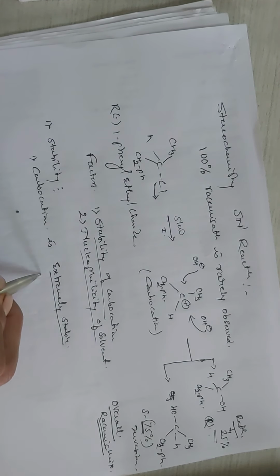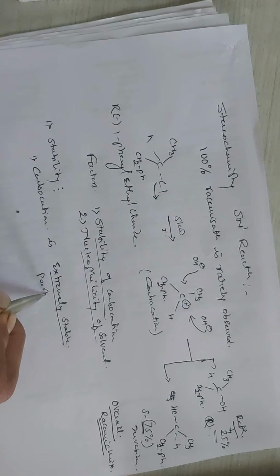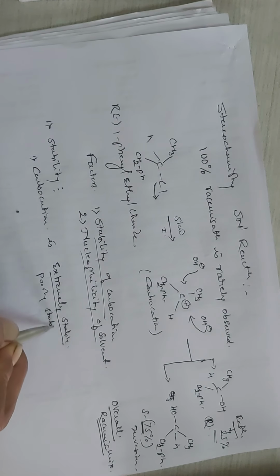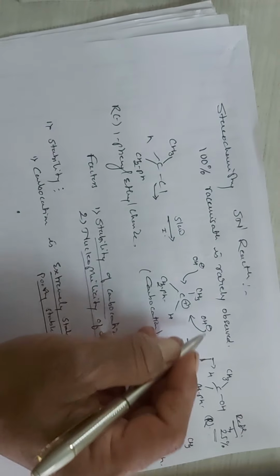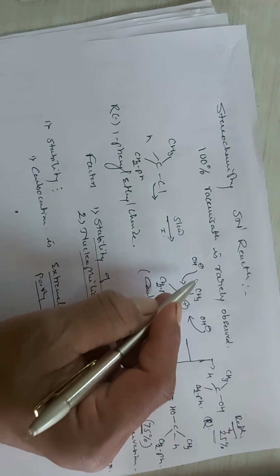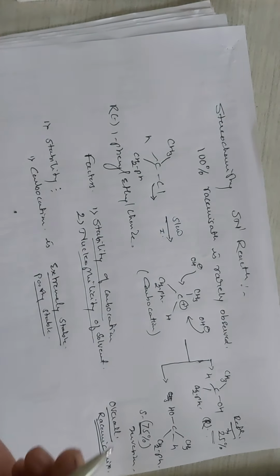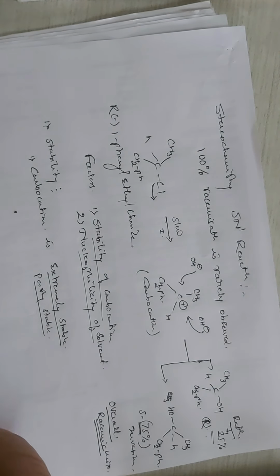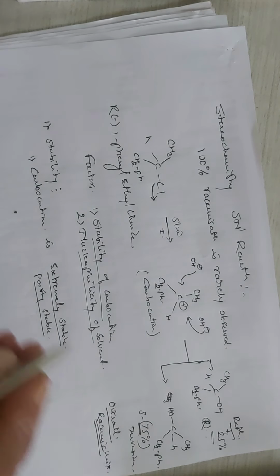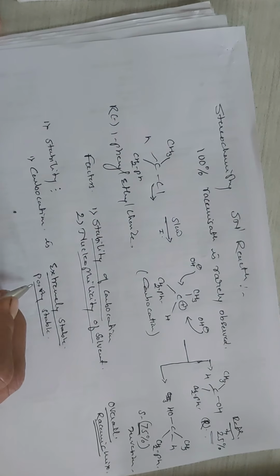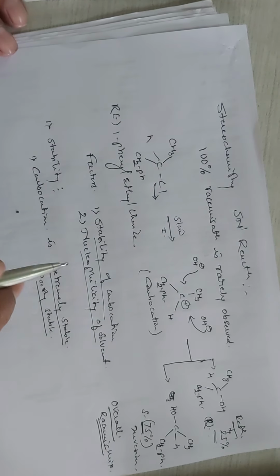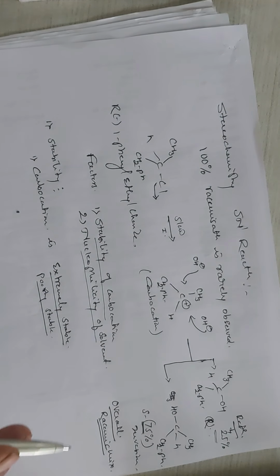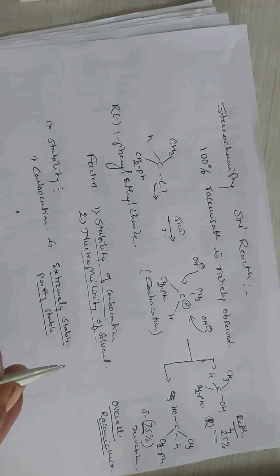But if it is poorly stable, then it will immediately try to react with the nucleophile, and the backside attack will be favorable and it will get converted into a product to obtain stability. So depending upon the stability of the carbocation, we can decide whether you will get 100% racemization, maximum retention or maximum inversion.